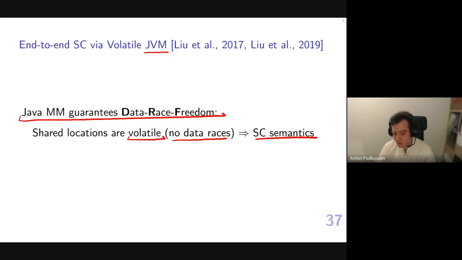So essentially, if you mark all accesses in your program as volatile, you will restore sequential consistency. In this particular work, the authors did something a bit more clever than just putting volatile on every access, but still it doesn't give very nice results in terms of performance, as we will see in a minute.